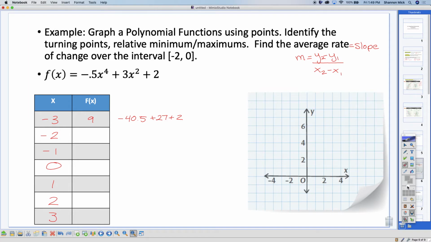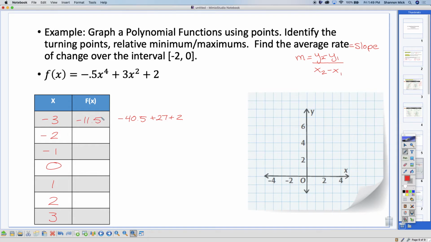Because it's negative. Okay, I'm just going to use my calculator so I don't mess it up. It's negative 11.5.